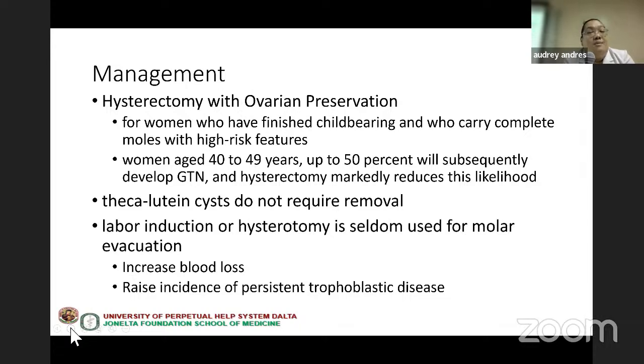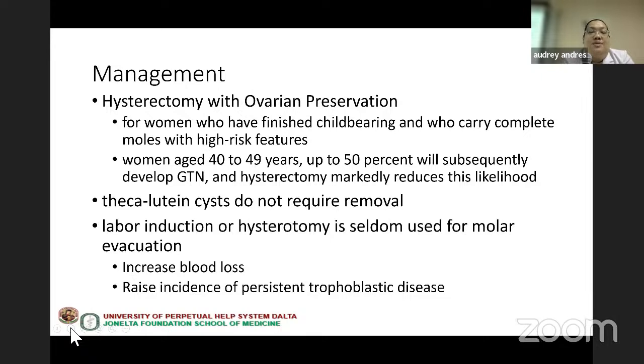For women who have finished childbearing and who carry complete moles with high risk features, you may do a hysterectomy and leave the ovaries, because women aged 40 to 49 years have a 50% risk to subsequently develop neoplasia. And of course, doing your hysterectomy will drastically reduce this occurrence. You do not need to remove your theca lutein cysts.